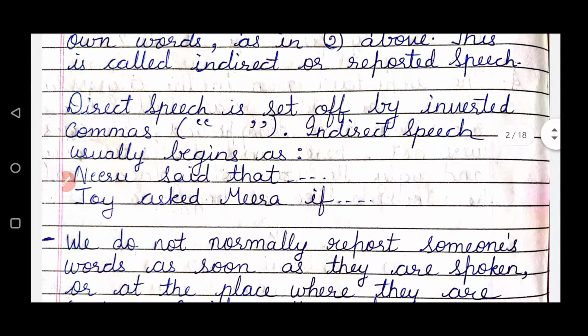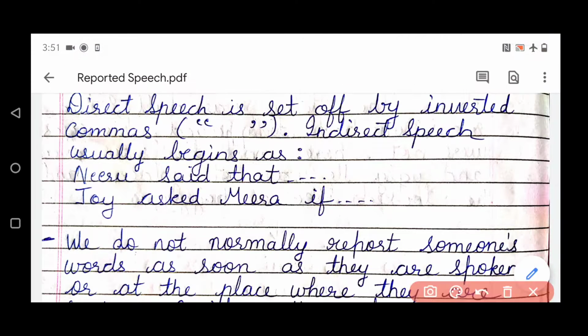So direct speech is set off by inverted commas. You know the inverted commas. These are your inverted commas. And indirect speech usually begins as Neeru said that, where said is the reporting verb, whereas that and if are the connectors.